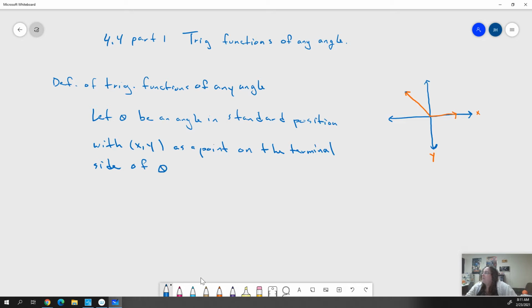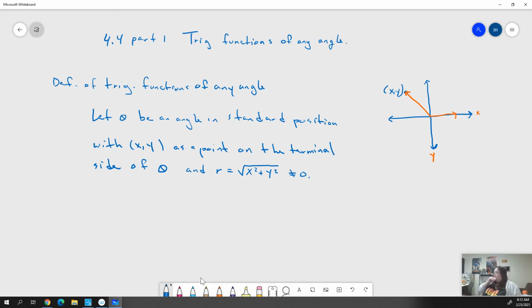That means up here we have a point, x, y, right? This is our terminal side. This is our initial side. And r, which is our radius, equals the square root of x squared plus y squared, and it can't be equal to 0.